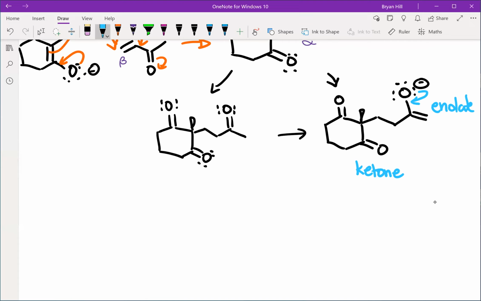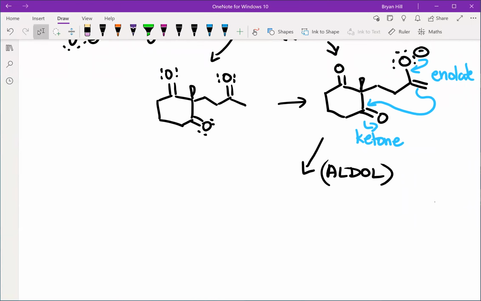And these electrons attack here, and the electrons move up, which will give us, so we're basically doing an aldol reaction, an intramolecular aldol reaction. And let's label this properly. O minus the methyl group.